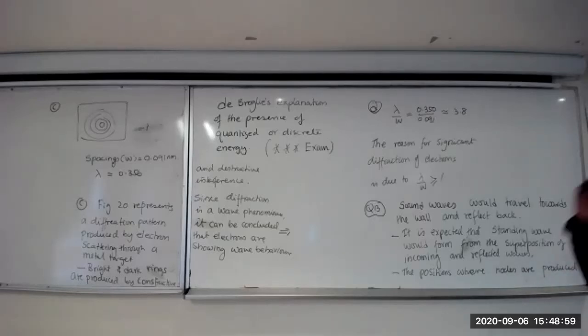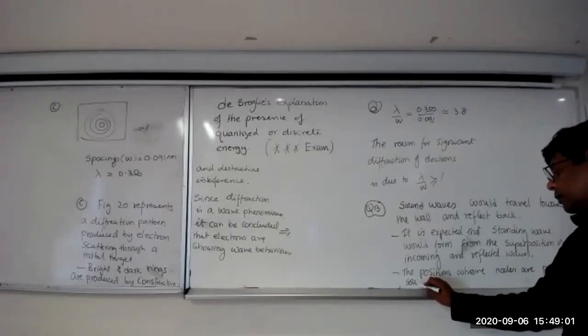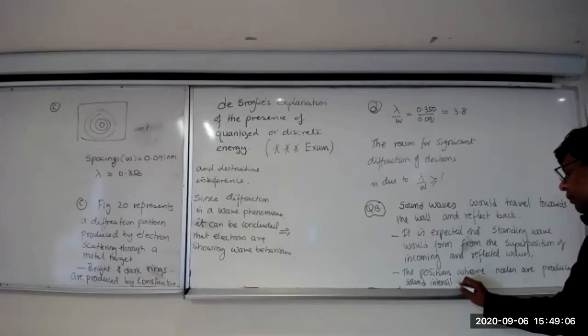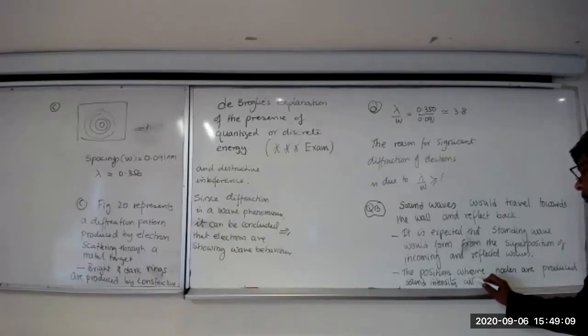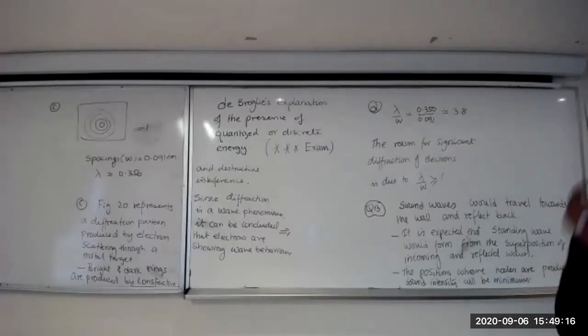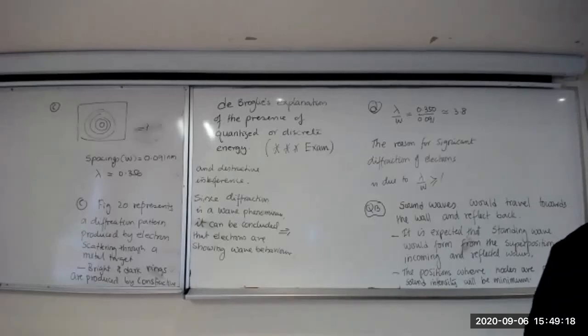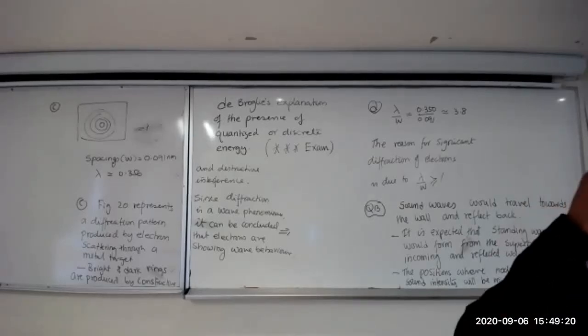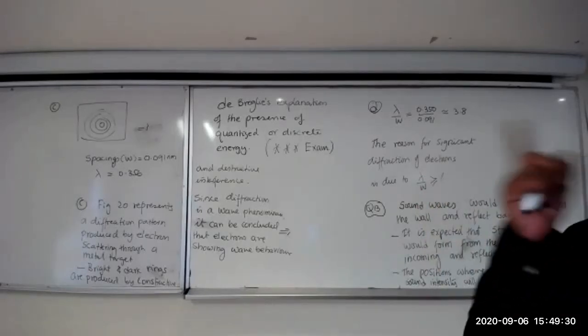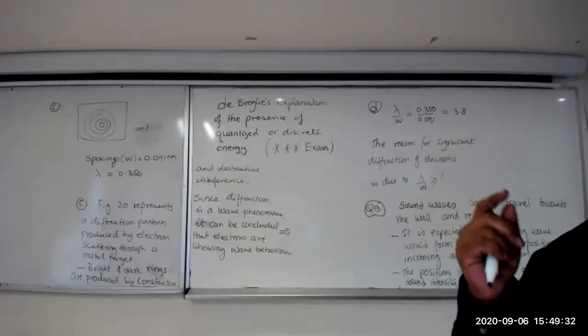At the nodal positions, the sound intensity will be minimum. The way the eardrum recognizes sound is through vibration. So if you're passing a nodal point, there is no vibration recognized by your eardrum. But if you're going through antinodal points, there is a continuous change, so your eardrum will vibrate accordingly, and you will recognize there is a sound.